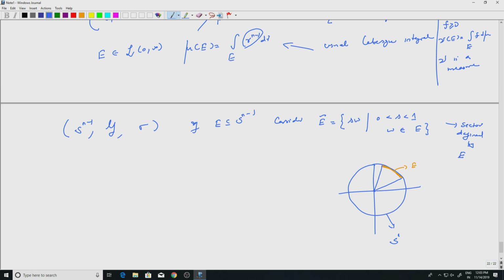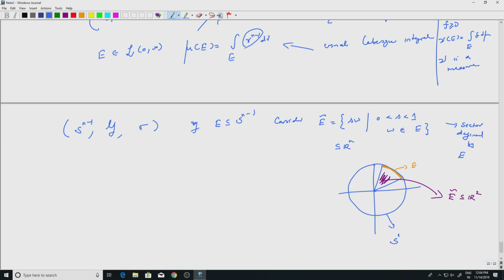The origin is not included because s cannot be 0. So, whatever is inside, this portion is E tilde. That is a subset of R^n, in this case a subset of R^2. That is the sector defined by that particular arc. So, E can be an arbitrary subset of the unit sphere.